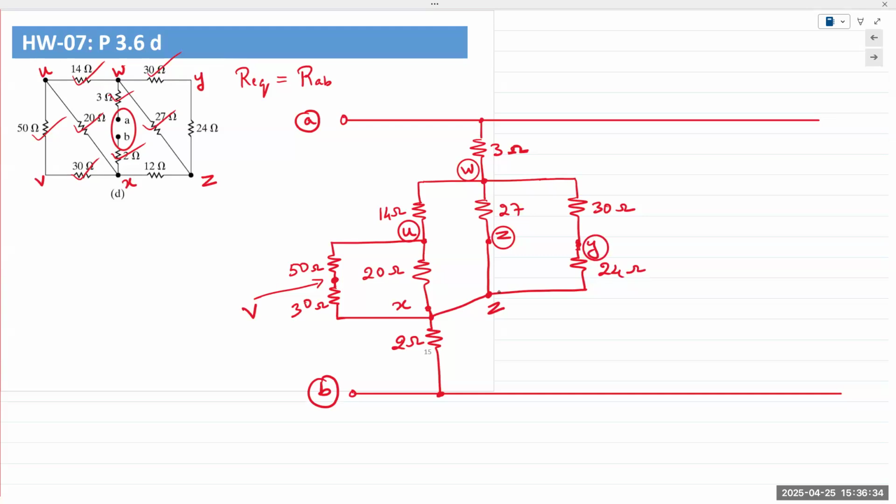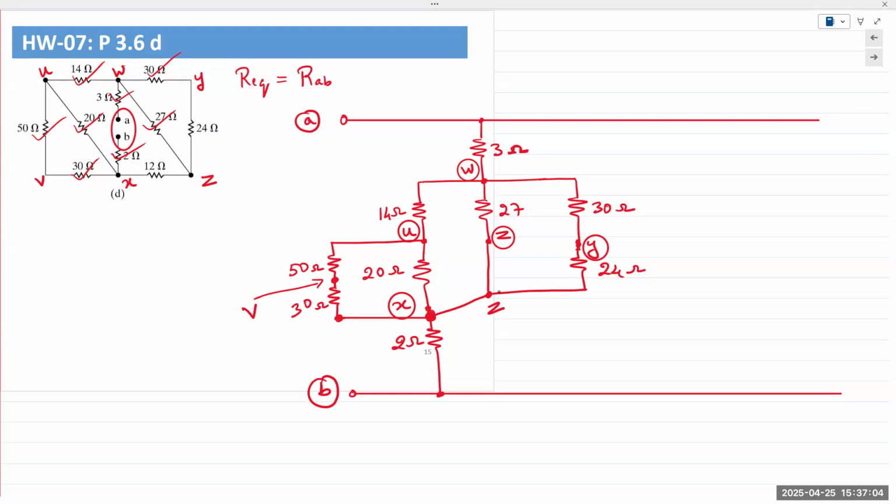And on the left side, from node U, I have 2 connections. So there's a 50 ohm connection. There's a 20 ohm connection. 20 ohm connection goes to X. That is this node right there, the entire bottom node. And then between U and X, I have 50 and 30 ohms connected.